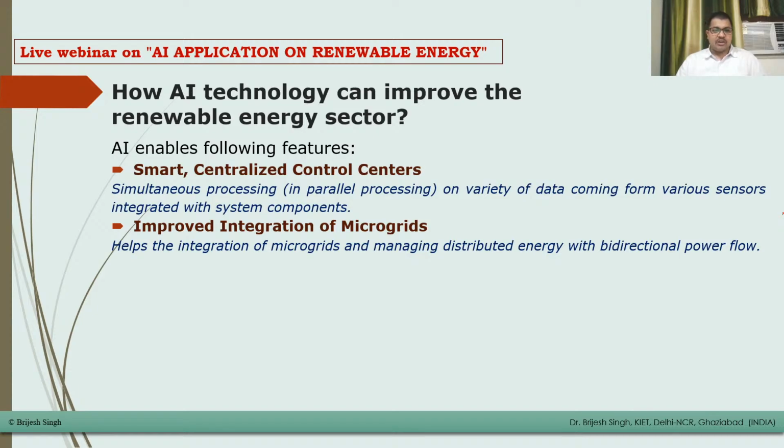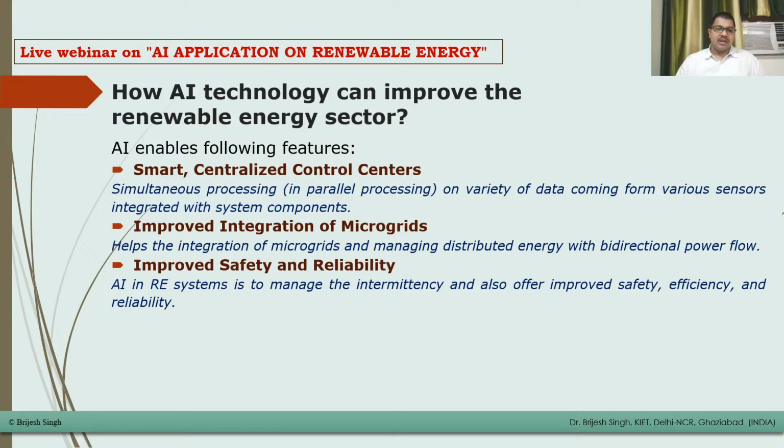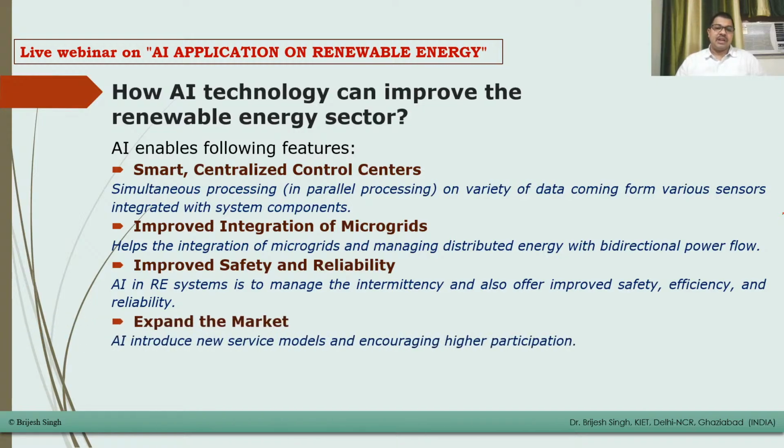If you have an AI tool, then you can improve the integration of the microgrid with the network, and improve the safety and reliability of the system. If you have AI-enabled control and operational decision making in the system, then it can improve the safety and reliability of the system.